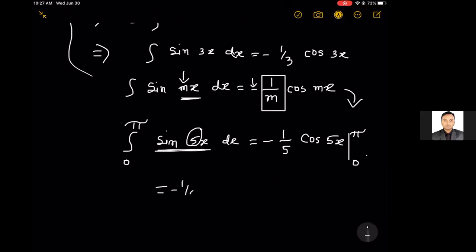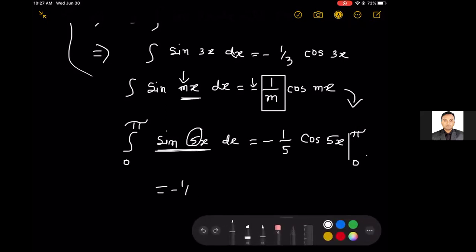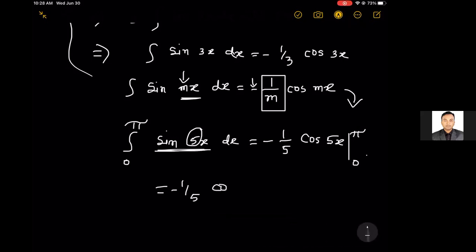So -1/5 cosine of 5 pi, right? This is the upper limit, minus cosine of 0. This is the lower limit. Do you agree?